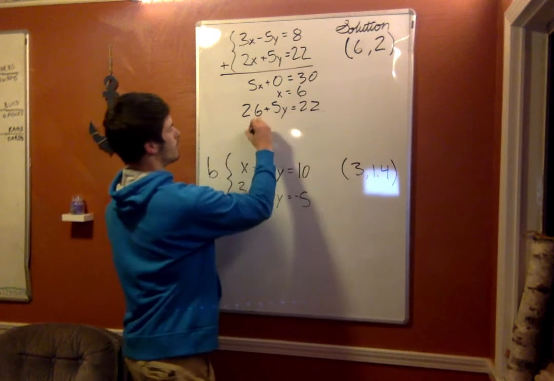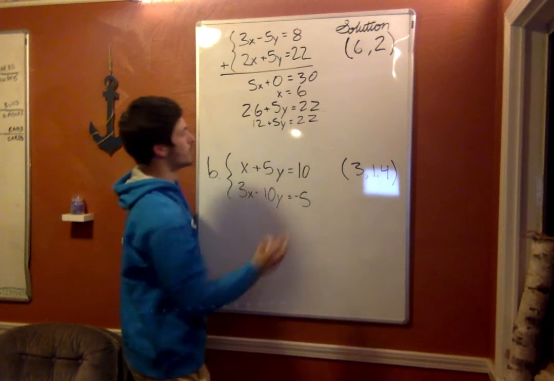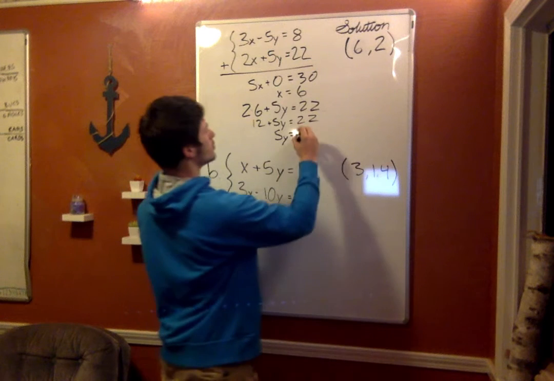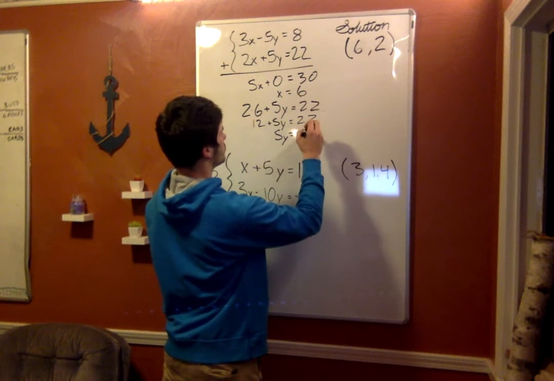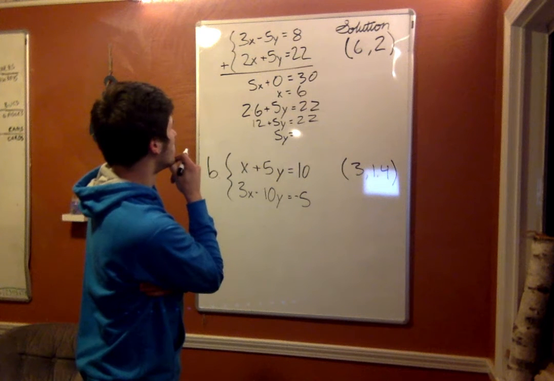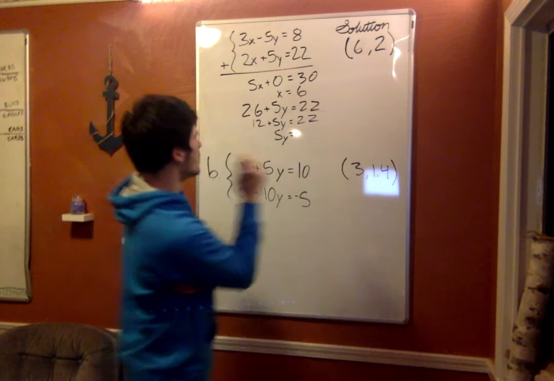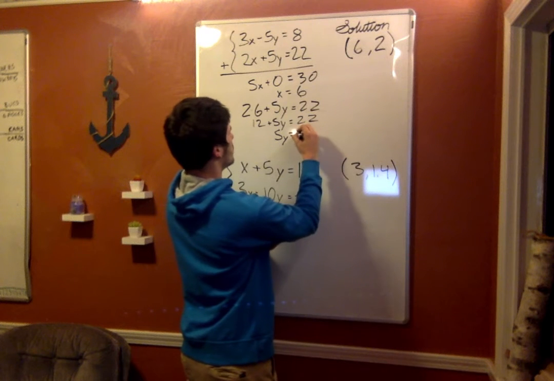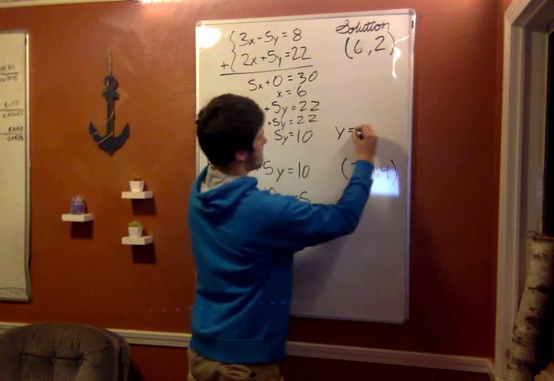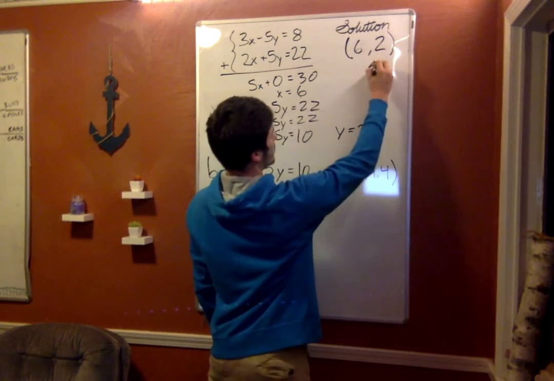Then we get 12 plus 5y equals 22. 5y equals 10, and then y equals 2. Sorry, I had a brain fart there. And that ends up being our solution right there.